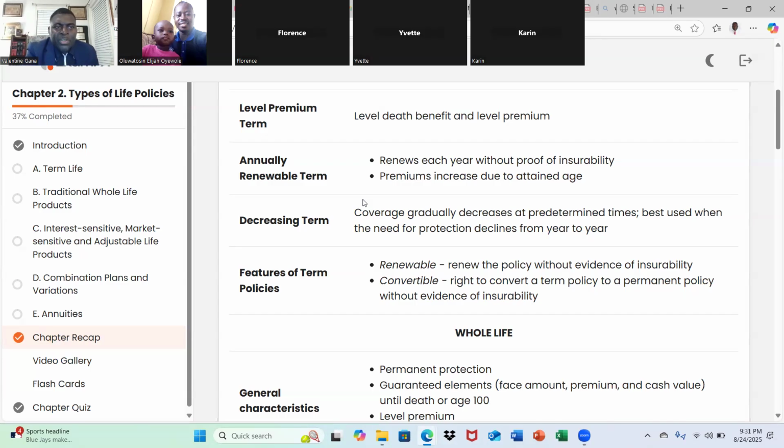And when that loan is close to being paid off, the death benefit of that policy is also close to zero. Decreasing term. Remember that term policies are usually the preferred policies for decreasing term or for credit life.